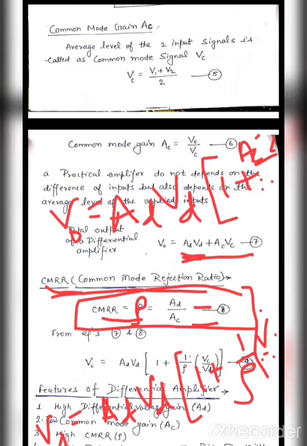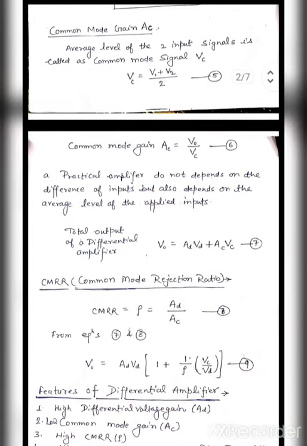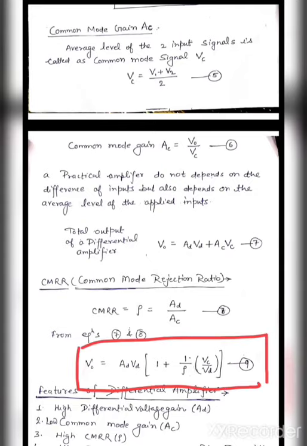So this equation can be written in this form, represented by equation 9. So the output voltage of a differential amplifier can be obtained using equation 9. So we have defined the differential gain, common mode gain, and the common mode rejection ratio rho.